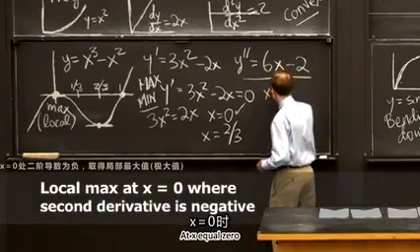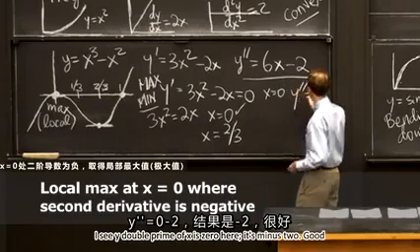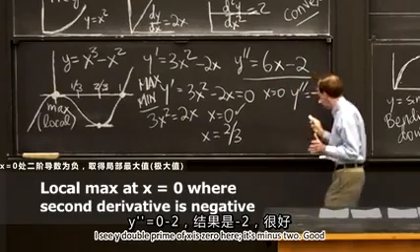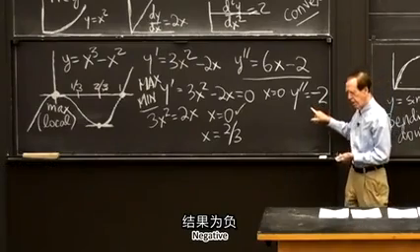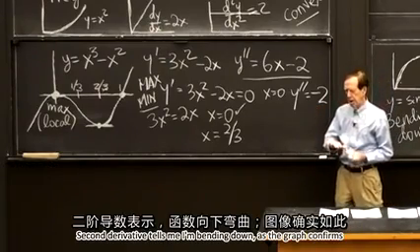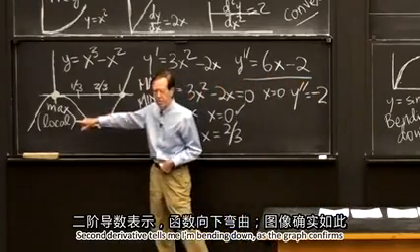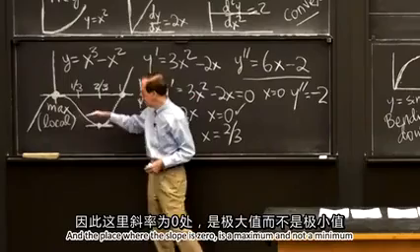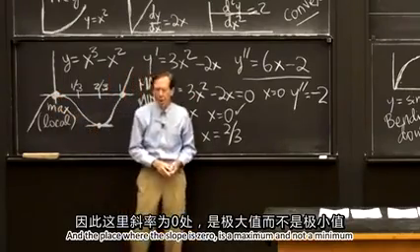At x equals 0, y double prime is minus 2. Good. Negative second derivative tells me I'm bending down, as the graph confirms, and the place where the slope is 0 is a maximum and not a minimum.